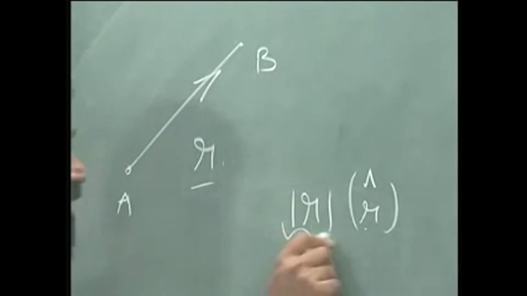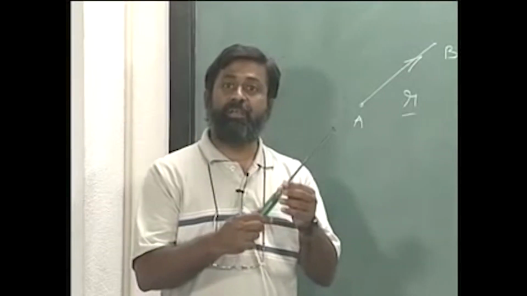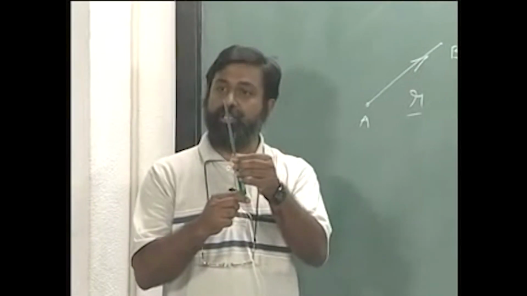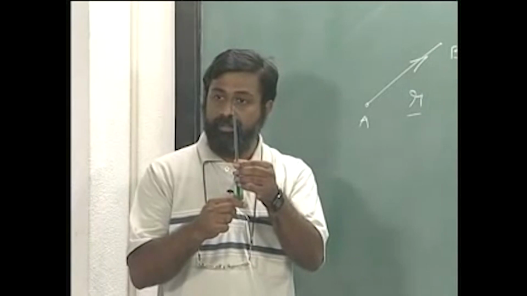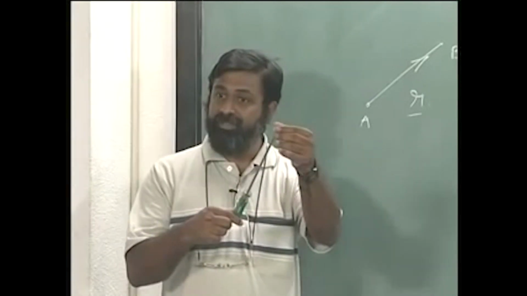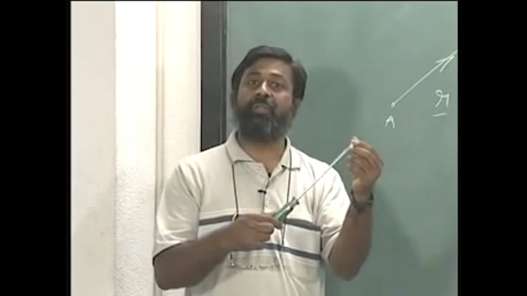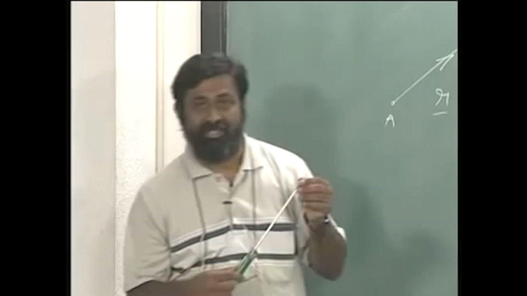So, this can change and this can change, alright. So, when I take the time derivative of the change in a particular vector, it will involve product of the time derivative of the magnitude change and the time derivative of the directional change.